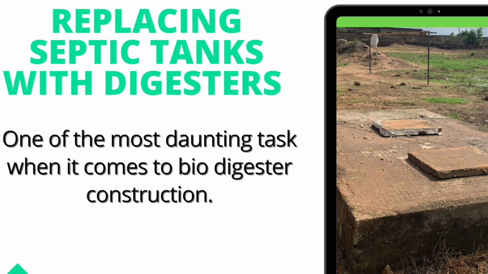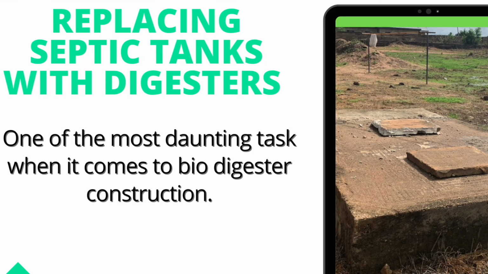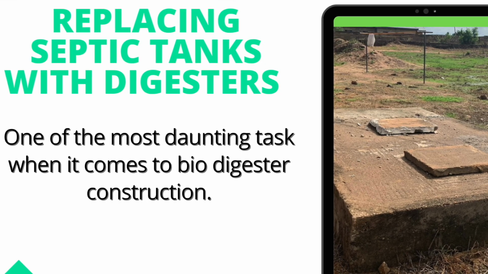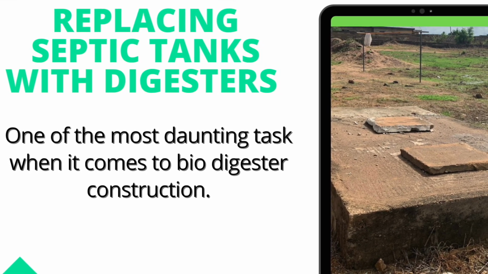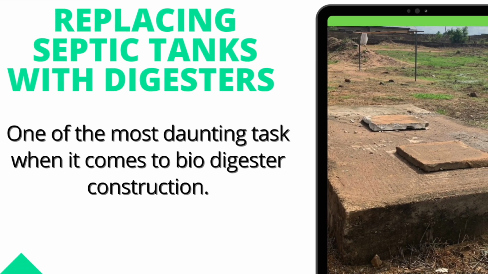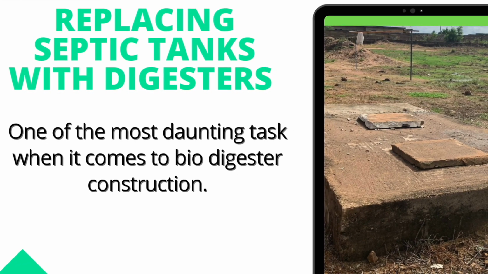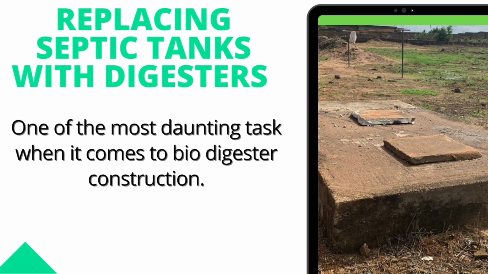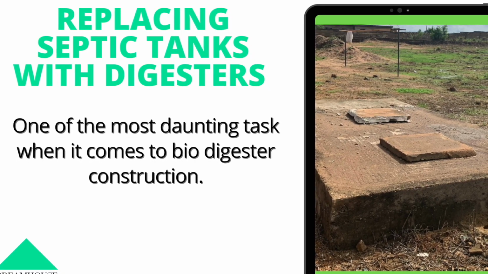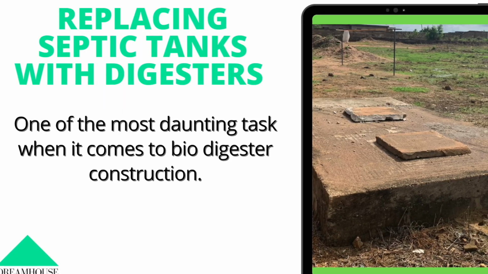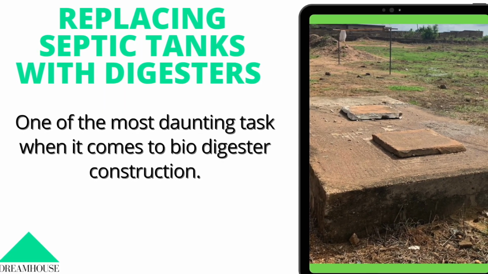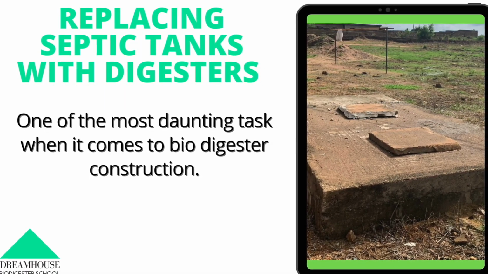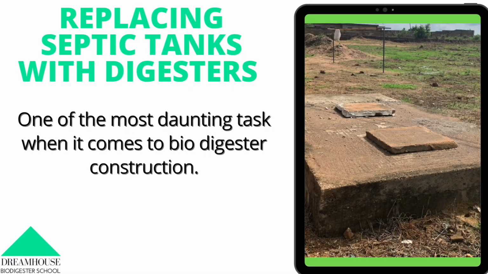The first lesson is about how to replace a septic tank with a Biodigester. What I have come to realize is that most people learn this technology of Biodigester construction, and because it's a good technology, people are keen on changing what does not work for them, which most of the time is the septic tank, and they take on jobs that are very difficult to do.